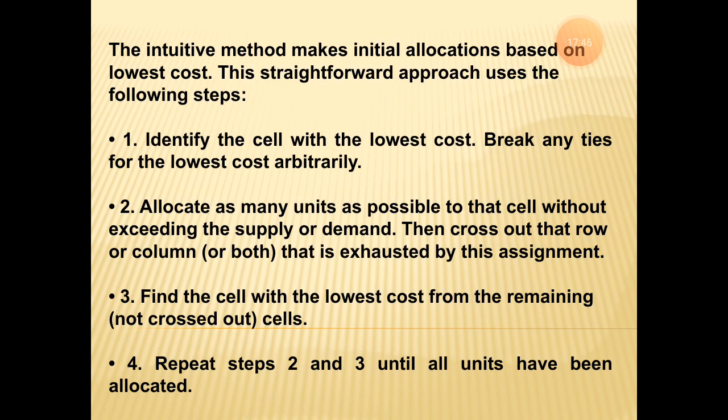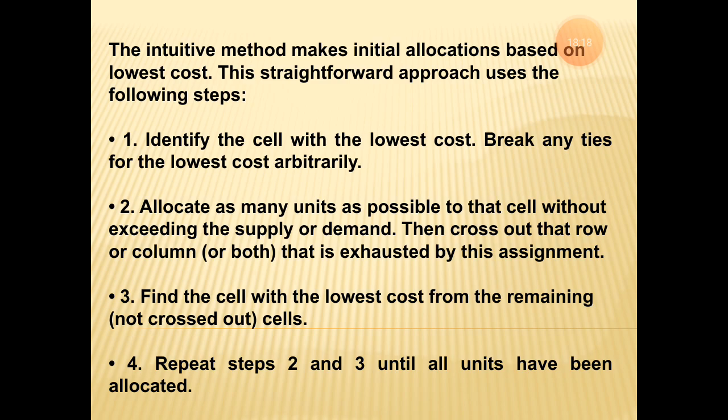Next, this method makes the initial allocation based on lowest cost. This straightforward approach uses the following steps. First, identify the cell with the lowest cost. Break any ties for the lowest cost arbitrarily. Second, allocate as many units as possible to that cell without exceeding supply or demand.